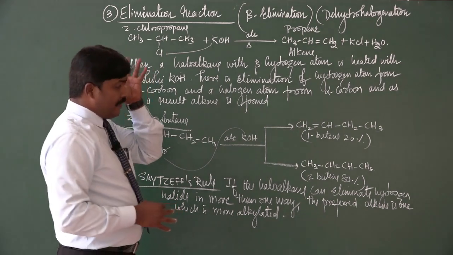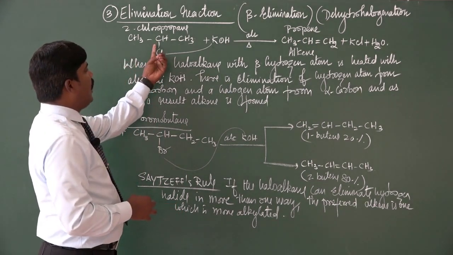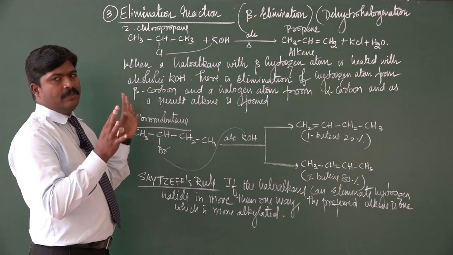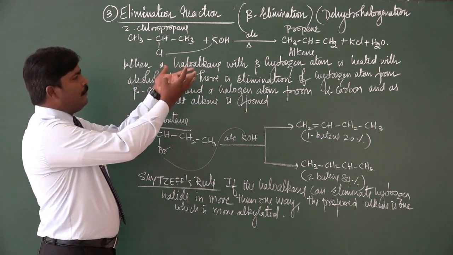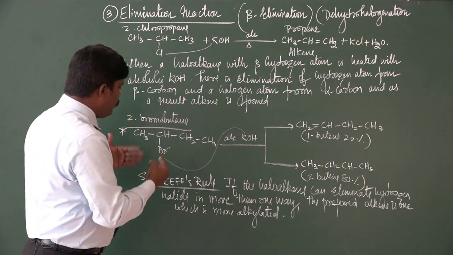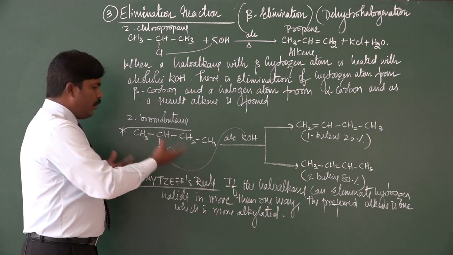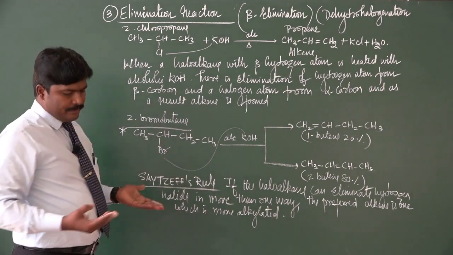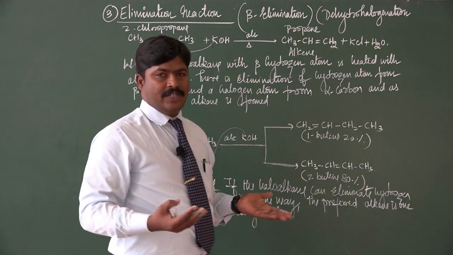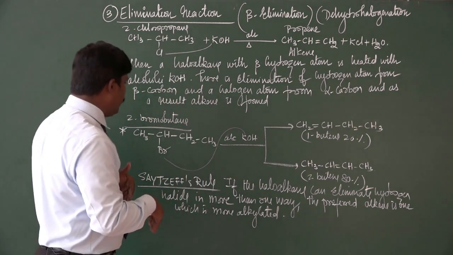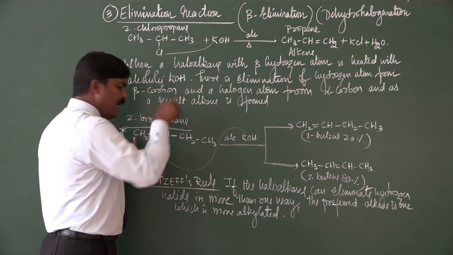So, according to Saytzeff rule, if the neighboring 2 carbons have an equal number of hydrogens, the product will be propene. But if there are 2 ways I can remove hydrogen, the preferred alkene is the more alkylated one. So, I have the liberty to remove hydrogen either from the first carbon or the third carbon.